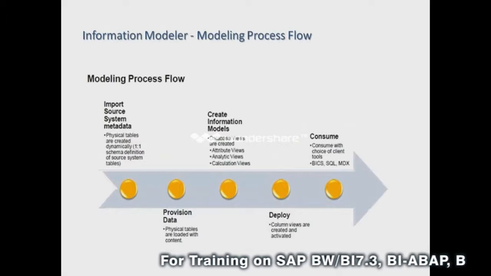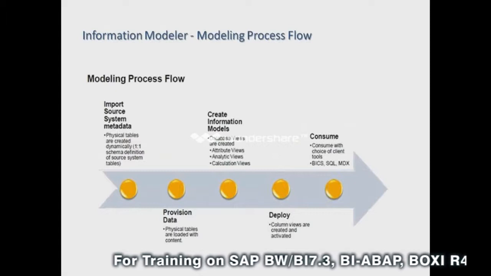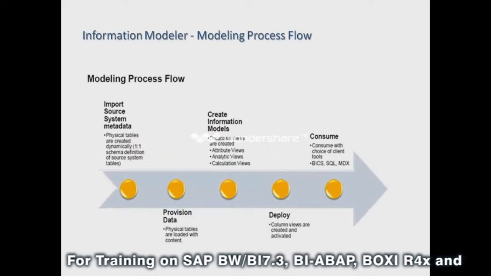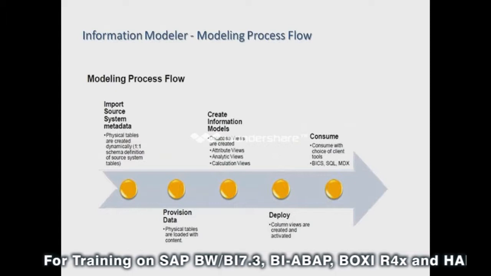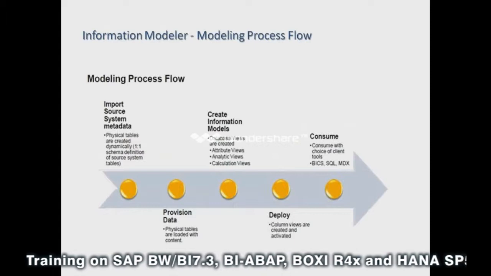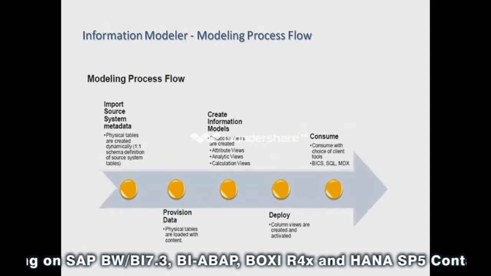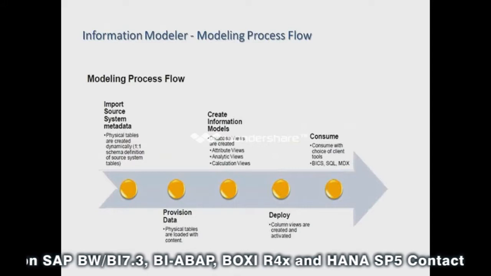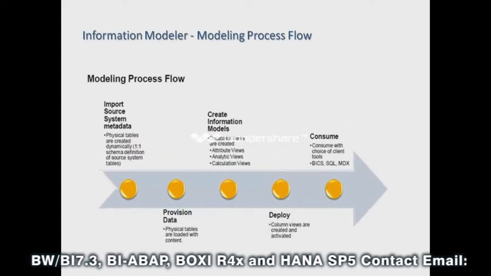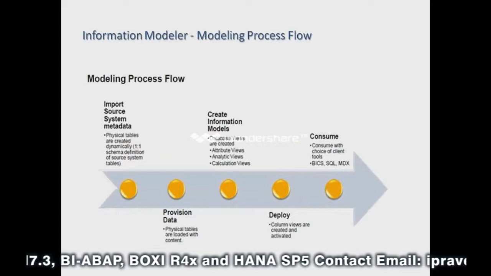When I say choice of client, you can use any type of reporting tools or OLTP tools, BICS connections or SQL or MDX. It will support BICS. BICS means Business Intelligence Consumer Services; this is the full form. It is one of the connection types, and SQL you know, and MDX you also know, which is a traditional language of SAP. So this is the modeling process flow of any information model.